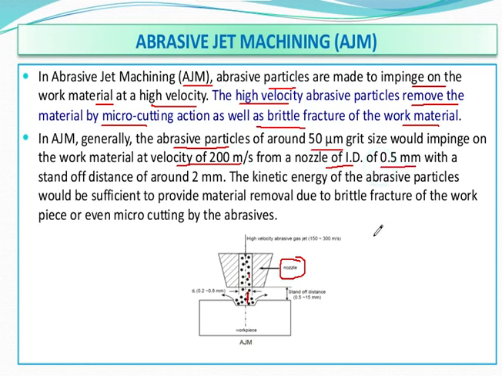Basically, the high velocity abrasive jet varies between 150 and 300 meter per second. The kinetic energy of the abrasive particles is sufficient to provide material removal due to brittle fracture of the workpiece or even micro cutting by the abrasive particles.